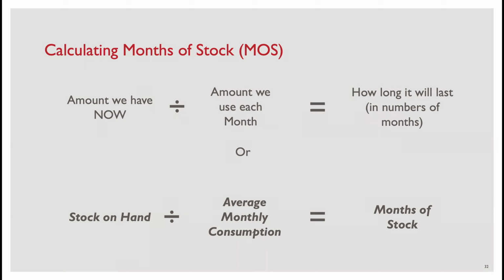Remember that for supply planning, we are looking at months of stock in the country as a whole. So our stock on hand would be stock on hand at all levels and all facilities in the country. And our AMC, our average monthly consumption, would be for all service delivery points in the country.